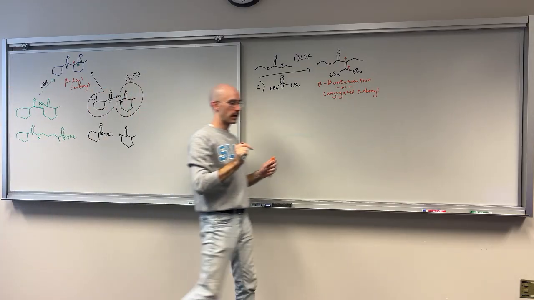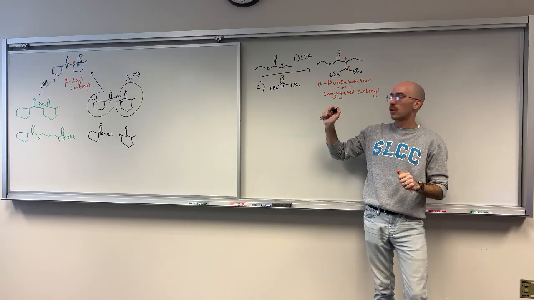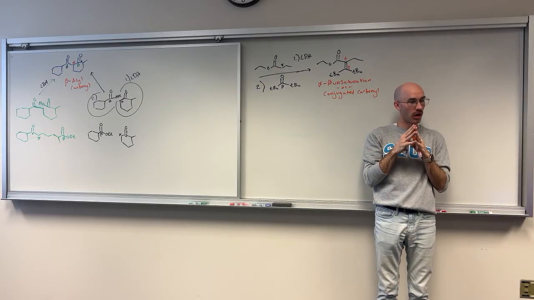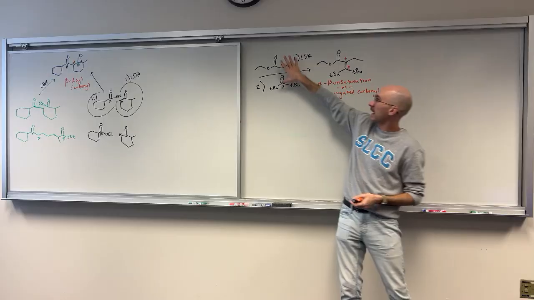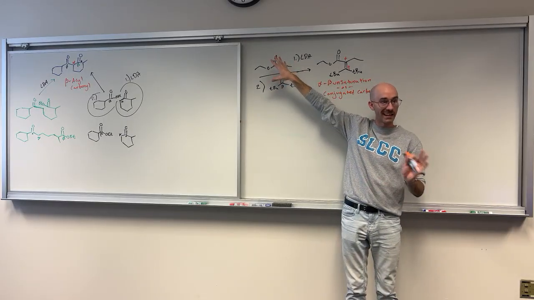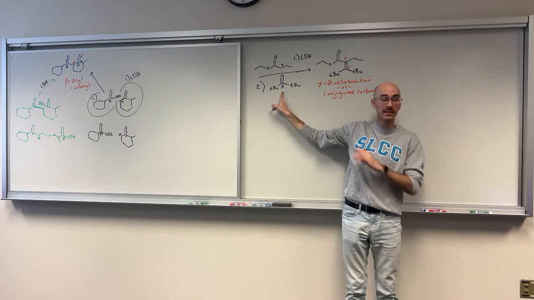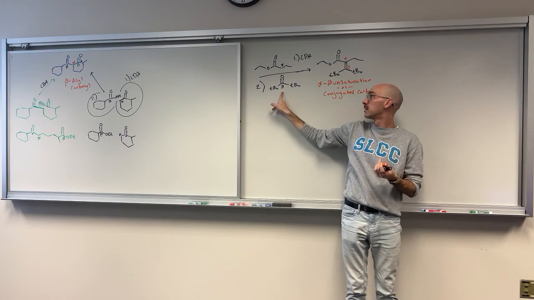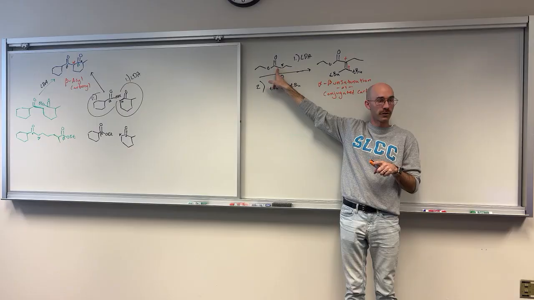Remember, we have methods of trying to minimize the byproduct of cross reactions. If I had both of these together at the same time, and I added NaOEt, this cannot be a nucleophile. There are no alpha hydrogens. So this will be the only nucleophile created.